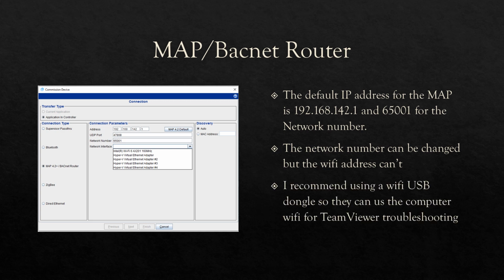I recommend using a dongle right now, like a little Wi-Fi dongle that you plug into the USB on your computer, just a USB to Wi-Fi adapter. That way you still have your computer's Wi-Fi to hook up to the internet somewhere, so I can have TeamViewer access if you have problems or whatever.